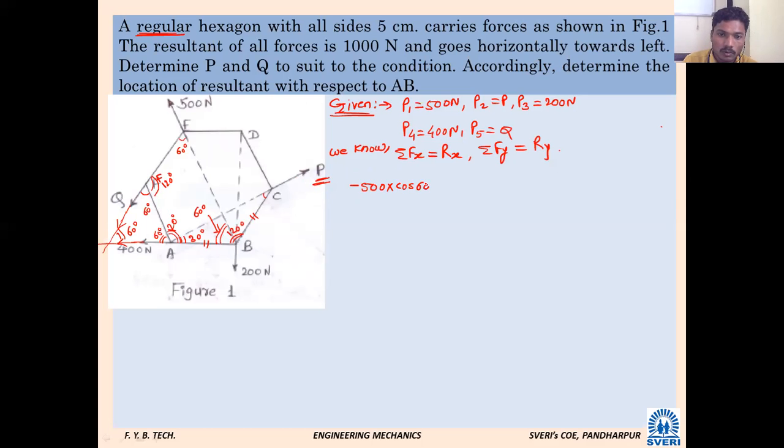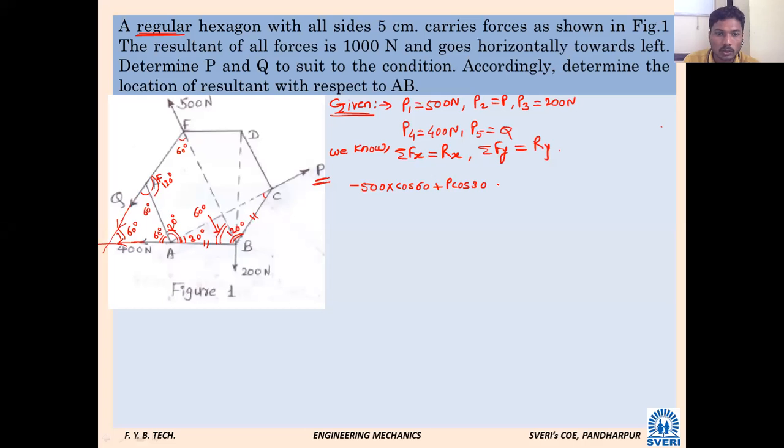Okay, next one. Force P. What will be its x component? P cos 30. Very good.